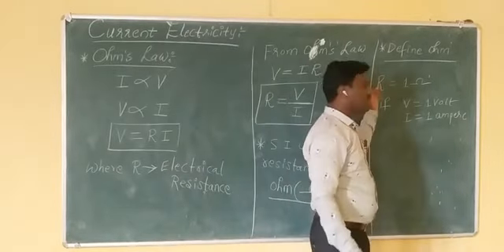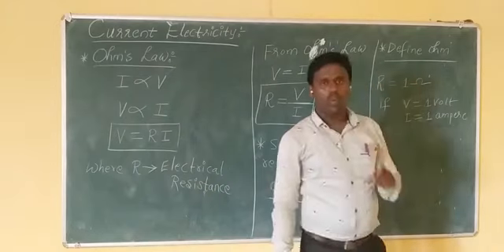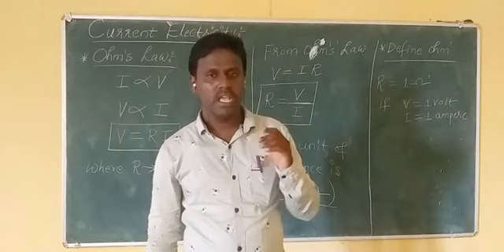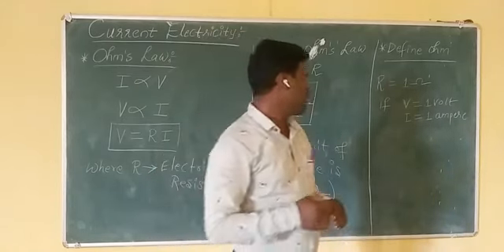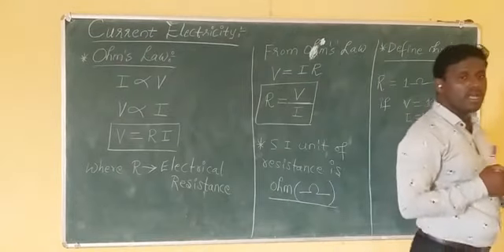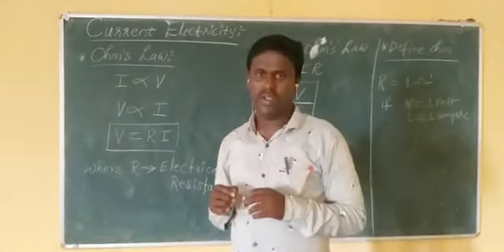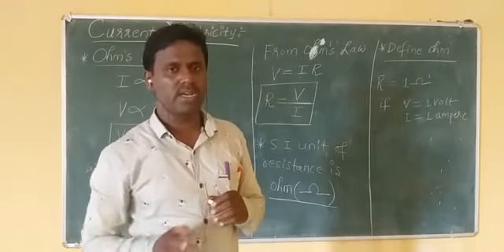Electric resistance given by a conductor is said to be 1 ohm if 1 volt of potential difference is applied to the ends of a conductor and 1 ampere of electric current is flowing through that conductor.